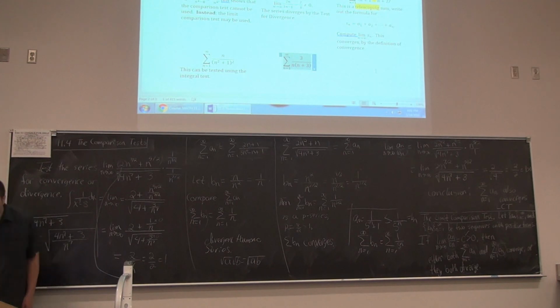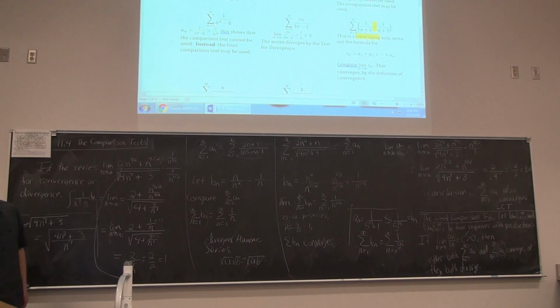Comparison. So I think the comparison test would work really well on this. We could estimate by making this go from n plus 3 to just n. If we did that, we'll have a nice estimate, and the comparison test should work. If something goes awry, for example, if the direction of the inequality does not behave like what happened in this, then just default to the limit comparison test.